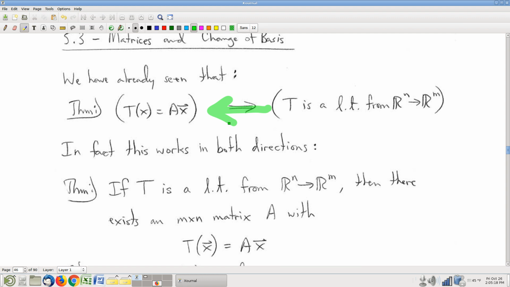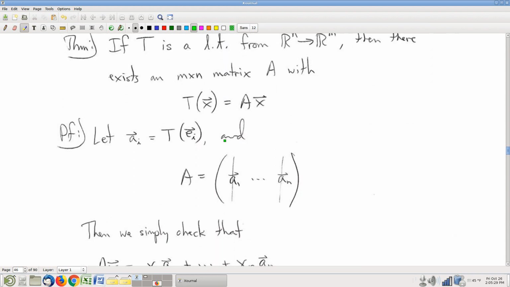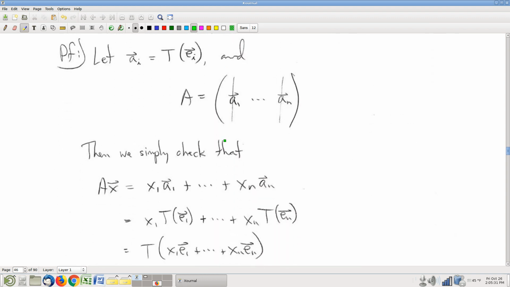How would we go about proving that? Just because it's linear, how do I know that there's a matrix that represents it? It is a remarkably convenient proof. We've got a linear transformation, T, known to be linear. I'm going to show that there is a matrix that represents it by producing the matrix.